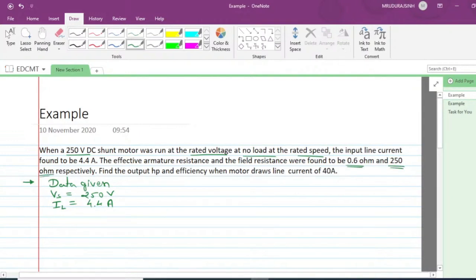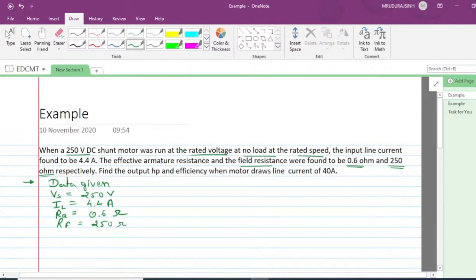So effective armature resistance, that is RA, is found to be 0.6 ohm. The next is effective field resistance, and we call it RF, and that is 250 ohm.